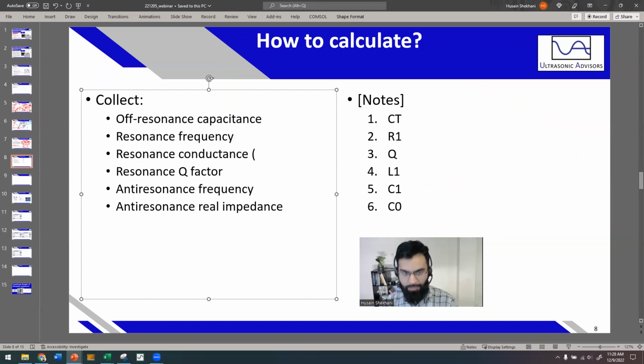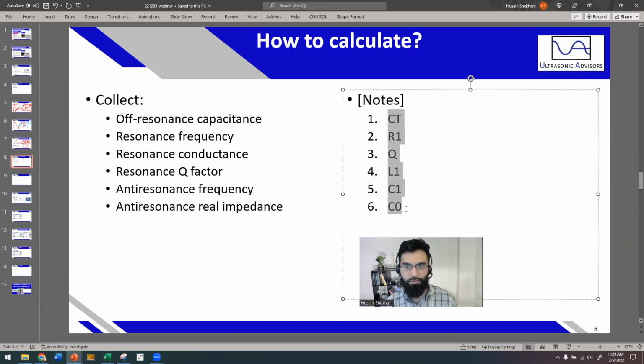It's not always the same as the minimum impedance, and I discussed that in different areas, and I have some plots soon, so I'll talk a little bit about it. We measure our resonance Q factor, our anti-resonance frequency, and our anti-resonance real impedance, I think this is called resistance. So this is the basic order that I'll be doing the calculations.